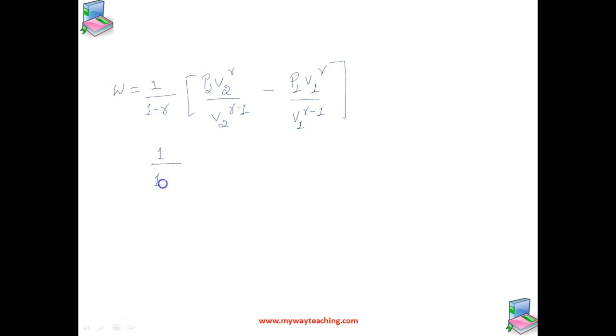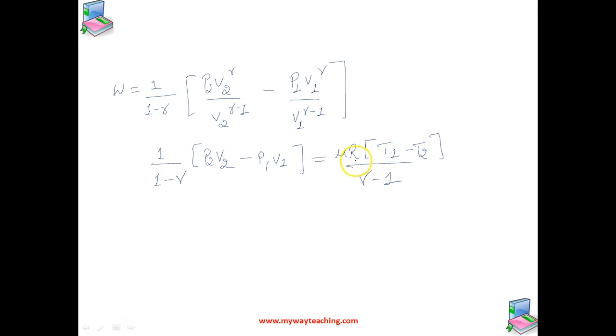That is 1 by 1 minus gamma times P2 V2 minus P1 V1. We can write it as mu R (T1 minus T2) by (gamma minus 1).